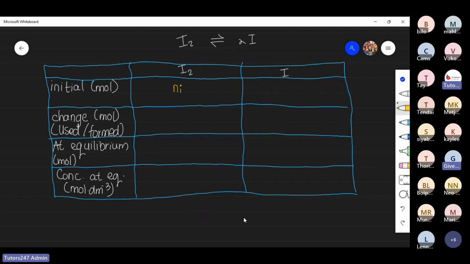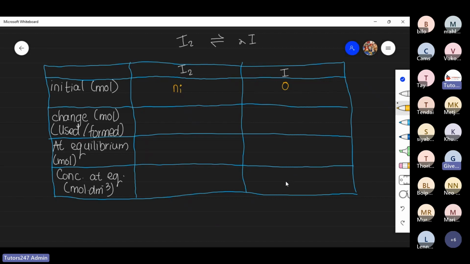You cannot have an initial product. If you are baking a cake at the beginning, how many cakes do you have? You have 0, right? You cannot have a product at the beginning. You can never ever have an initial product. So that is going to be 0 always. Your product is always 0 initially.